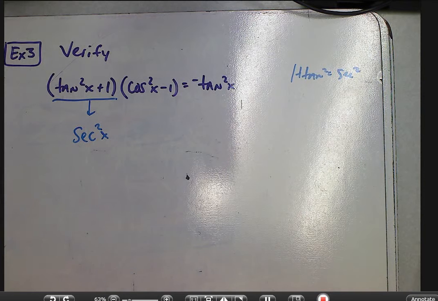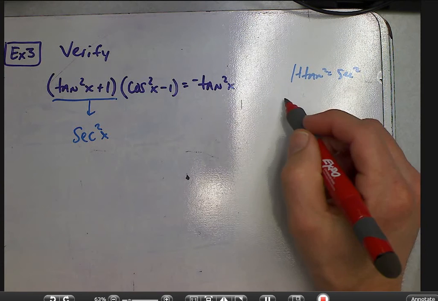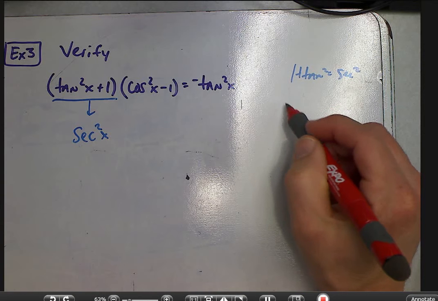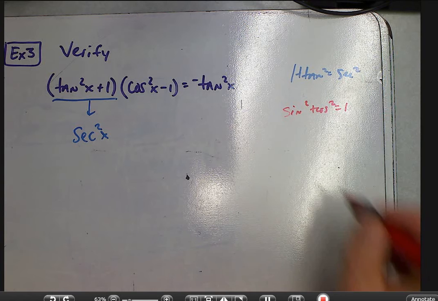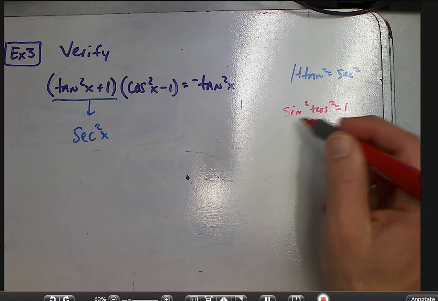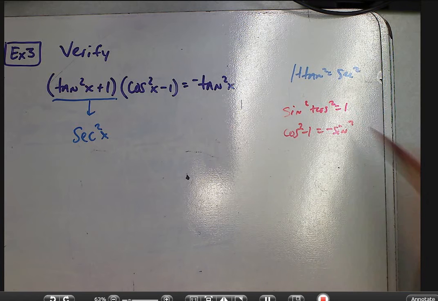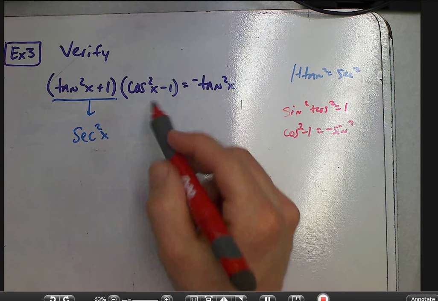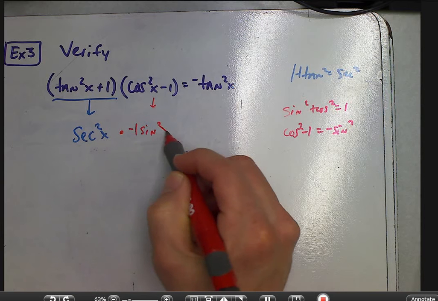Cosine squared x minus 1. If I have sine squared plus cosine squared equal to 1, if I subtract sine squared and subtract 1, I get cosine squared minus 1 equals negative sine squared. And so I'm going to replace this with times negative 1 sine squared x.